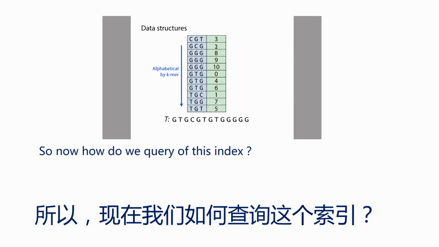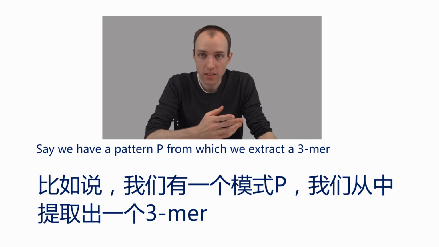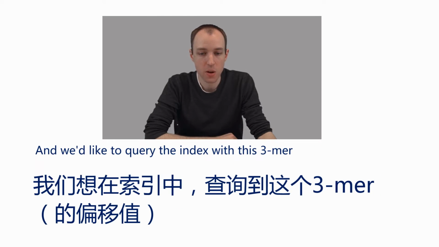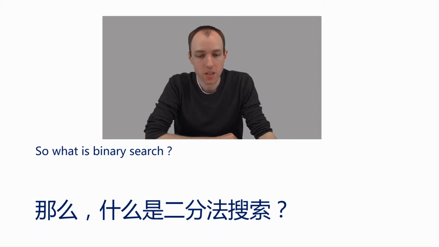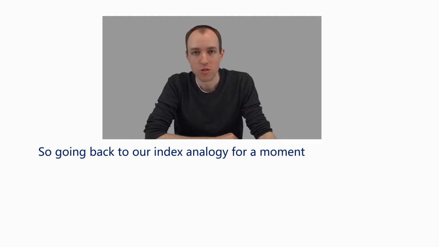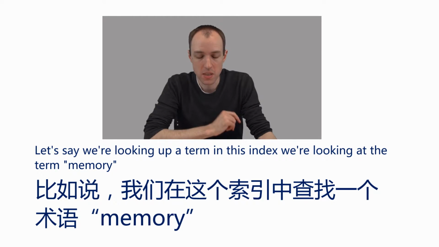So now how do we query this index? Say we have a pattern P from which we extract a 3-mer, and we'd like to query the index with this 3-mer. And the way we're going to do this is with something called binary search. So what is binary search? Going back to our index analogy for a moment, let's say we're looking up the term memory.